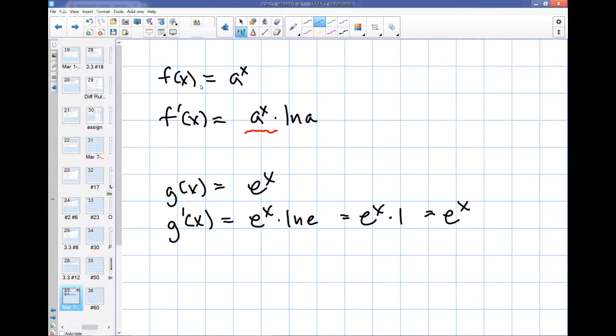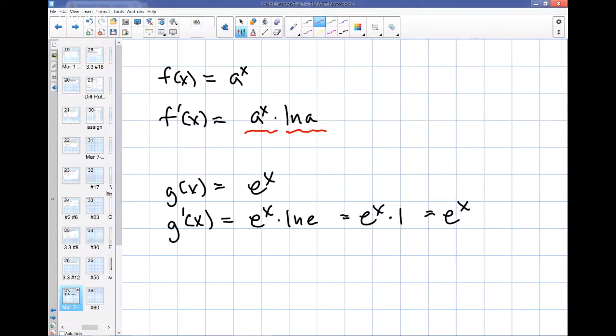In this case, the base of the exponential number was a, so you have to multiply by the natural log of that base a. So the derivative of any exponential function is itself multiplied by the natural log of its base.